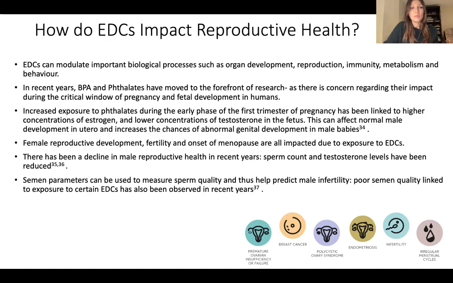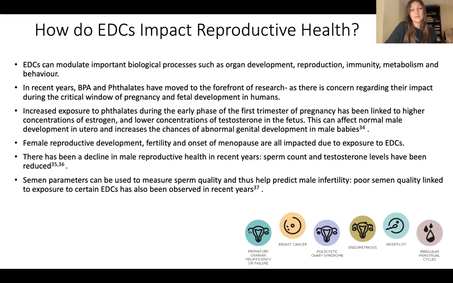There's also increased exposure to phthalates in one research study during the early phase of the first trimester of pregnancy has shown to be linked to higher concentrations of estrogen and lower concentrations of testosterone in the fetus. So this can affect normal male development in utero and increases the chances that male babies will be born with abnormal genital development.